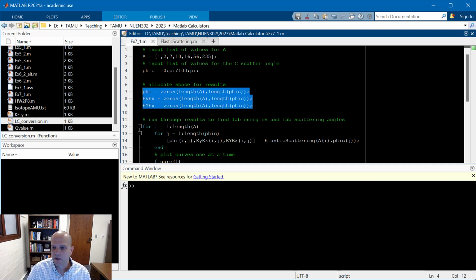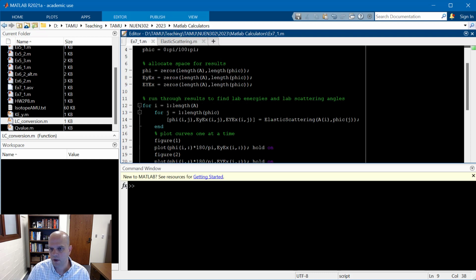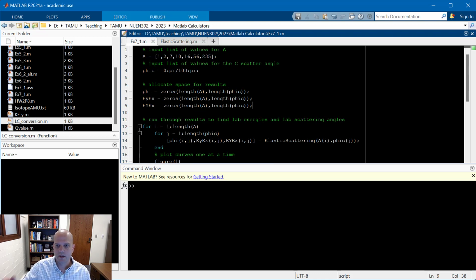And here I'm just creating space, not that I necessarily need to, since these are small matrices, but I want to store each one of the unique phi sub c and a inputs. I want to be able to calculate that independently, calling that function down here like I am.